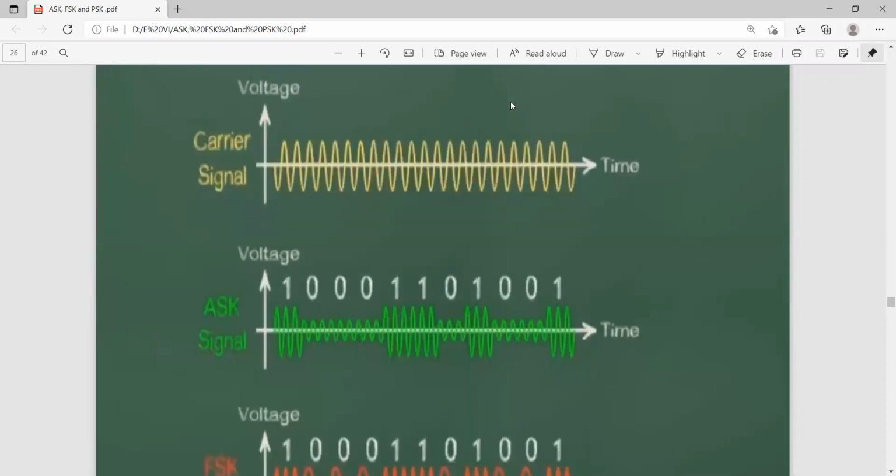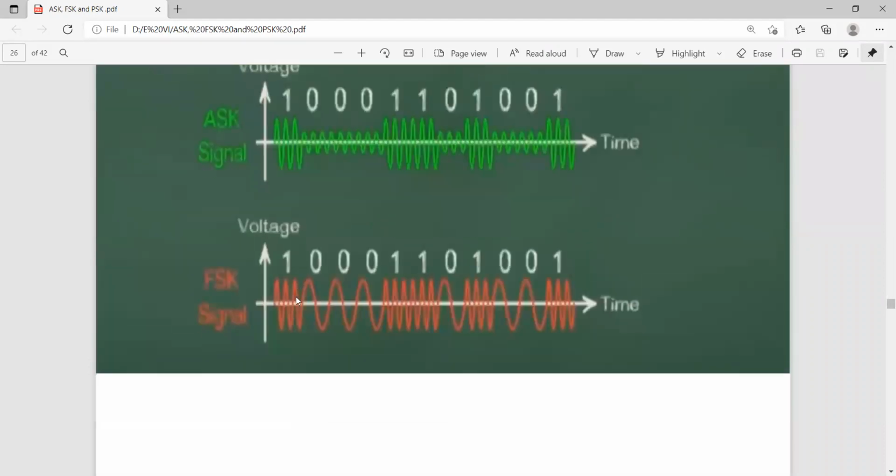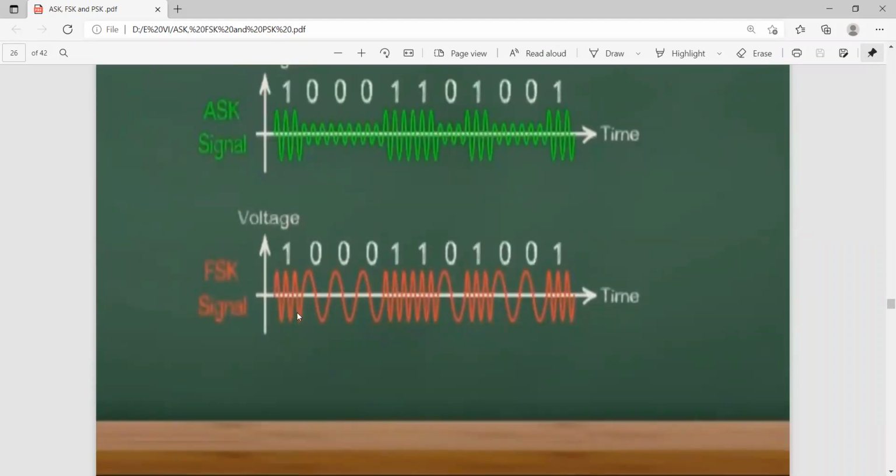So that means the signal appears like this. This is amplitude shift keying, and here it is the frequency shift keying.